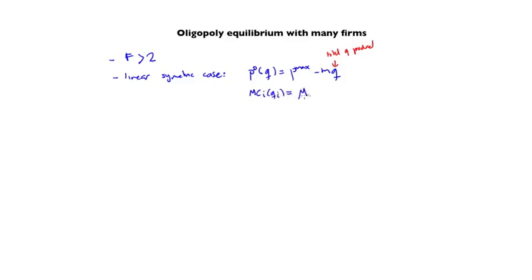Now, what we're going to do here is look at a case with more than two firms, F greater than 2, and we're going to keep it simple by assuming that we are in the linear symmetric case that we studied before, which says that the inverse aggregate demand function is just P max minus MQ, where Q is the total quantity produced, and that every firm has a constant marginal cost equal to mu.